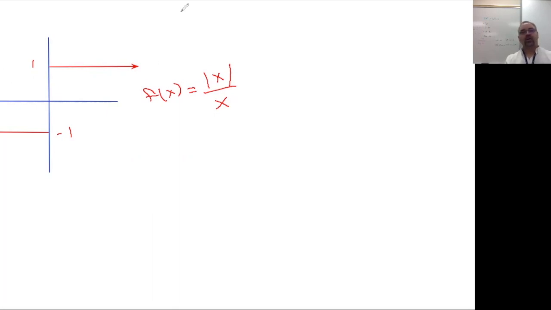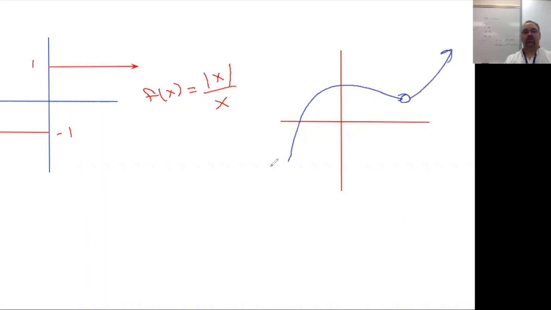Okay, we know what these all look like, so I'm not going to belabor the point too much. One where the limit exists but it's not equal to the function value. So something like my typical function that I like to draw, it's got a hole in it. So here's c, and f of c is actually up here.